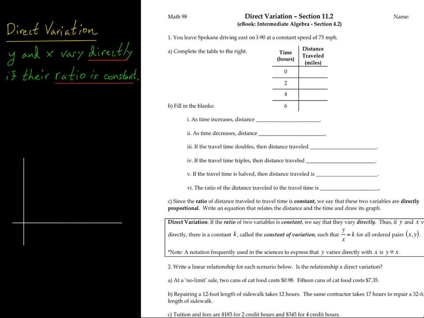I'm going to write this relationship as y divided by x, their ratio, which comes out to be a constant, say 75 in this problem, but more generally we'll call this constant k, where this k is often called the constant of proportionality. You'll see this term used quite a bit in this section.